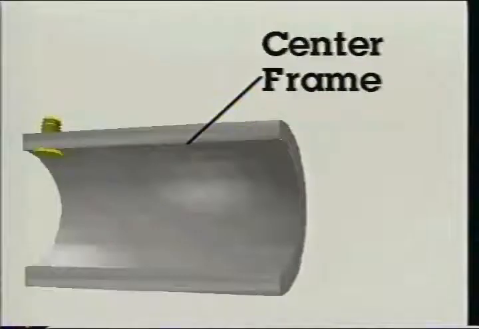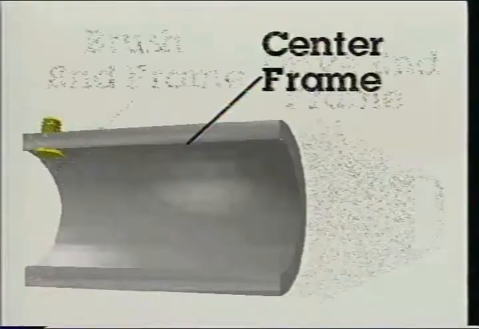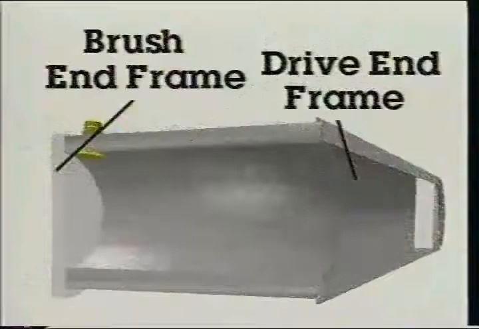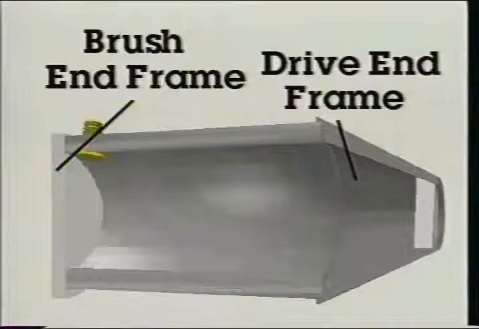The center frame is the foundation of an engine starting motor. It holds and supports the other major parts. The brush end frame connects to the rear of the center frame, and the drive end frame connects to the front or other end of the center frame.